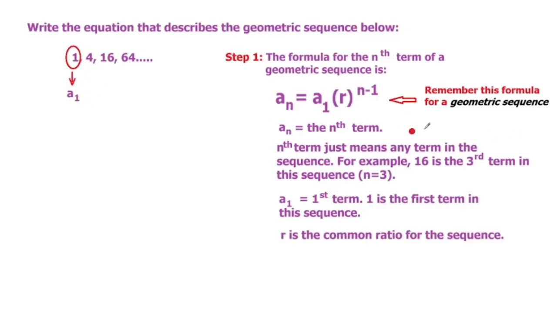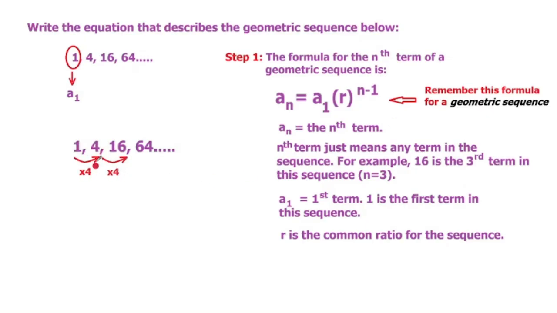Now we just need to figure out what r is. r is the common ratio for the sequence. For a geometric sequence, there would be a ratio between these consecutive terms, and the ratio would be the same for each of the consecutive terms. So let's take a look. To get from here to here, 4 over 1 equals 4.